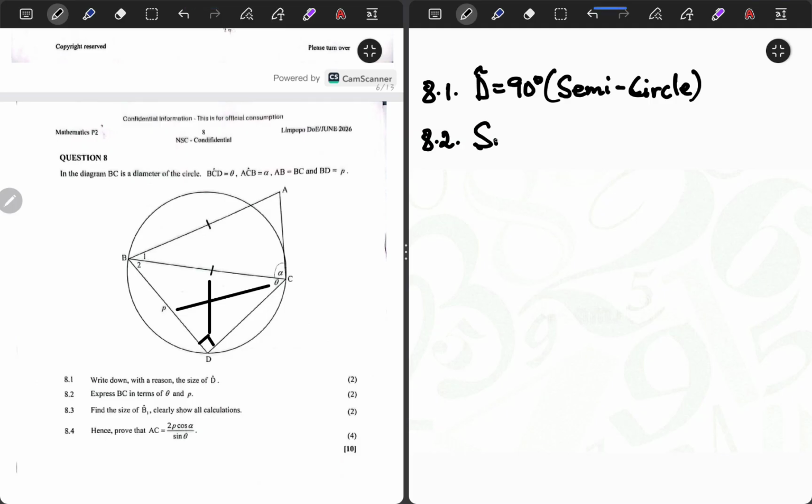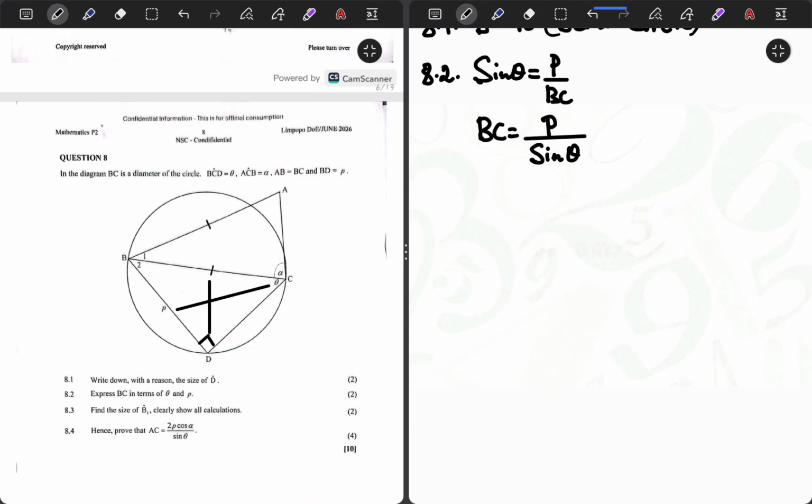Sine theta will be opposite, which is P, over hypotenuse, which is BC. And quickly, BC will be P over sine theta. That's for 2 marks.